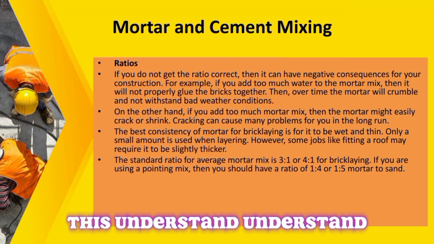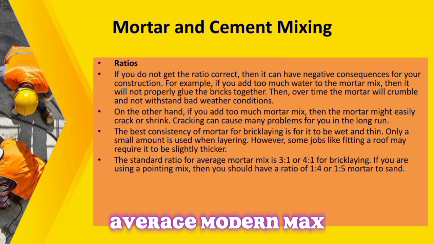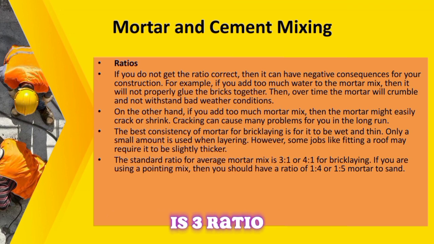The standard ratio for the average mortar mix is 3:1 or 4:1 for brick laying. If you are using it for pointing, then you should use a ratio of 1:4 or 1:5 mortar to sand.